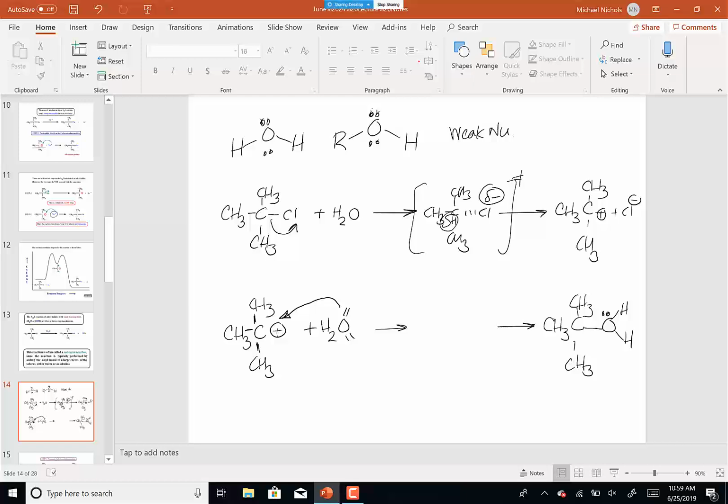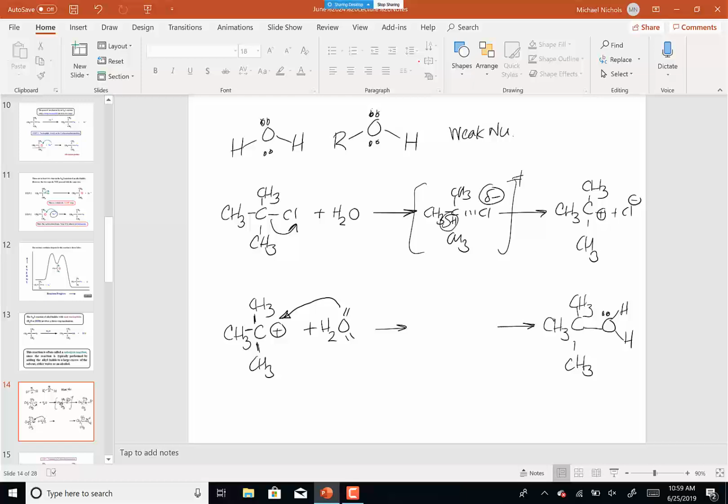Now when that oxygen does that, what happens to it? I've got a +1 charge on the left-hand side. I need a +1 charge on the right-hand side because I can't make or lose charge.